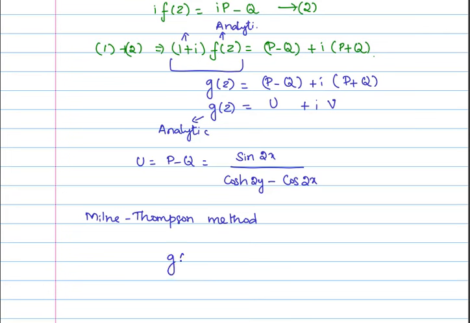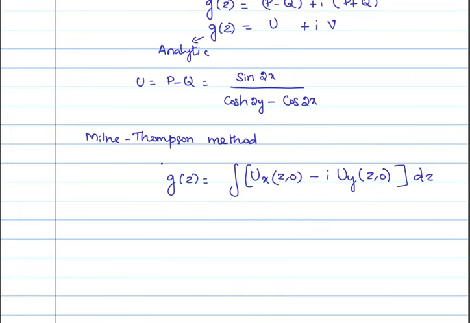What is the Milne-Thomson rule? g of z equals the integral of u_x of (z, 0) minus i times u_y of (z, 0) dz.